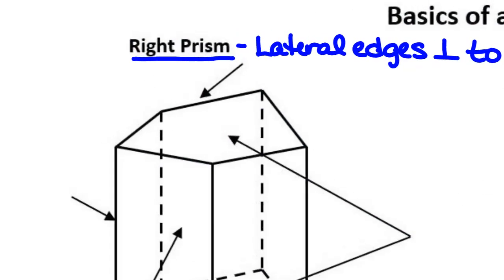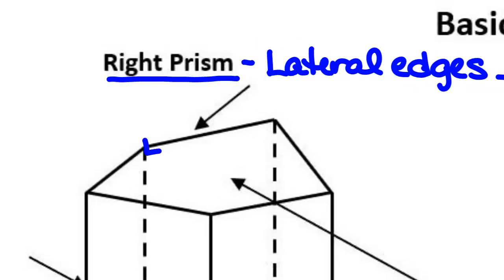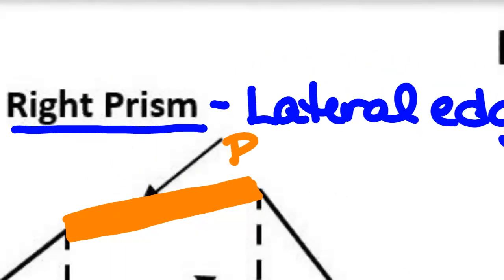If you look at this picture over here underneath where it says right prism, this top arrow right here is pointing to this edge right here. This is a base edge because it touches the base.